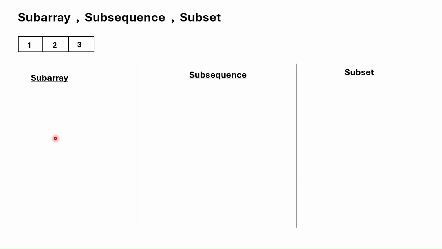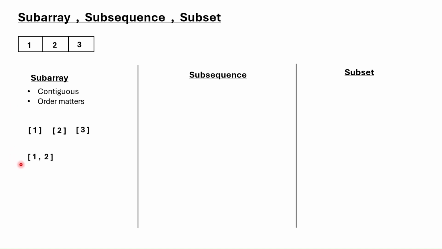So let us now again understand the difference between a subarray, a subsequence, and a subset using this example. Let's start with the subarray. What we know about the subarray is that it must be contiguous, and its order matters. So 1 can be a subarray, 2 can be a subarray, 3 can be a subarray.